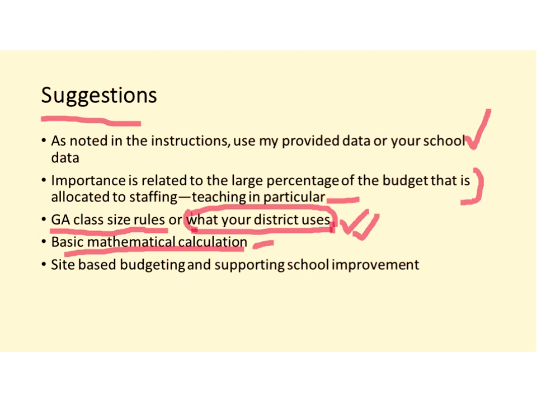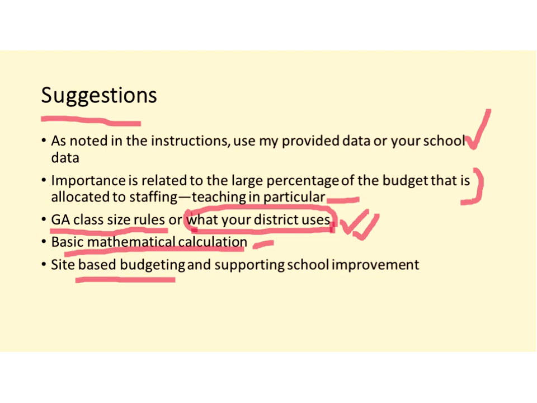So I've attached the class size rules. I've also attached an article on site-based budgeting. So in addition to doing the basic calculations, there's a couple of questions that are asked regarding advantages and disadvantages of allowing some of these budget decisions with respect to personnel allocations, whether it's a good or a bad idea, what's the pros and the cons of allowing some of those decisions to be made at the school level.